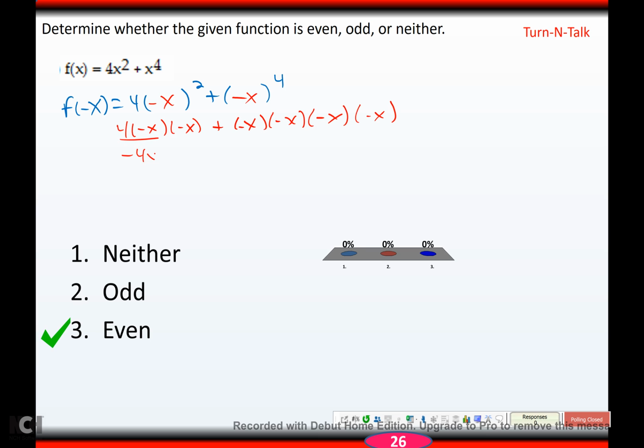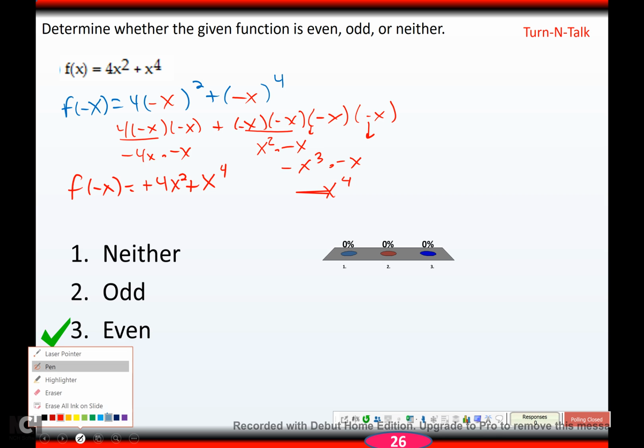This would be -4x times -x is positive 4x squared. This is going to be a positive x squared times my -x is going to be a -x cubed times this -x is going to be a positive x to the 4th. So I have plus x to the 4th. That's my f of -x.